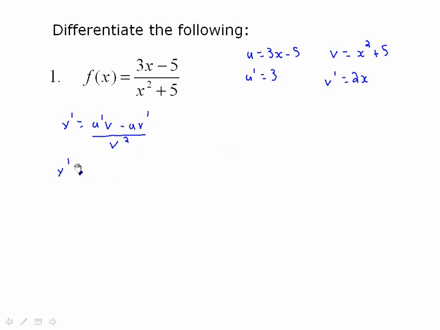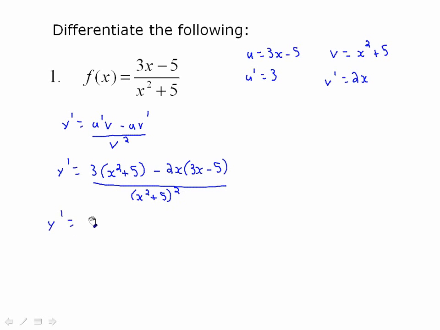So y prime is equal to u prime, 3, times v, which is x squared plus 5, minus u, which is 3x minus 5, times v prime. So I'll put the v prime first, put the monomial first: 2x times 3x minus 5. And then all this is divided by v squared, so x squared plus 5 to the exponent of 2.